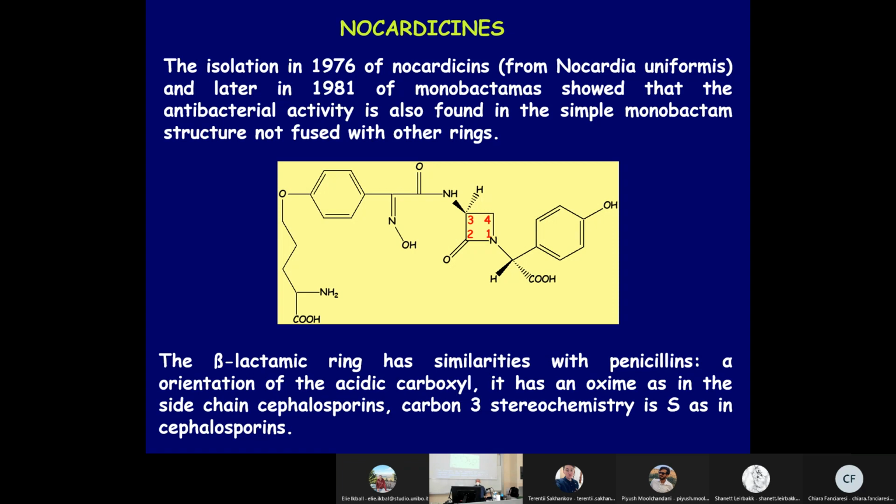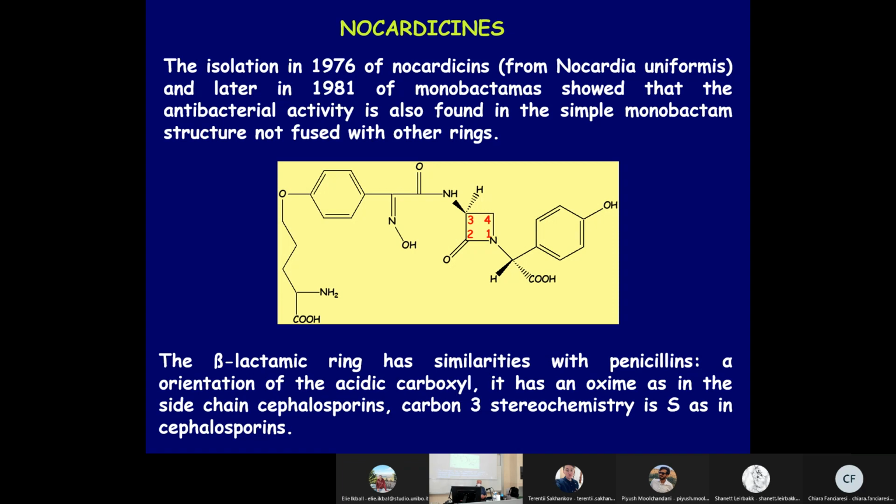Nocardicin. Nocardicins were isolated in 76 from Nocardia uniformis. And this class is very important because it demonstrated that it is enough the presence of only a beta-lactam ring to have an antibacterial activity.